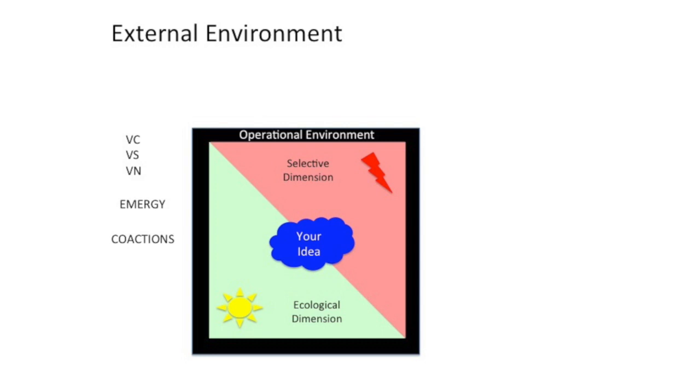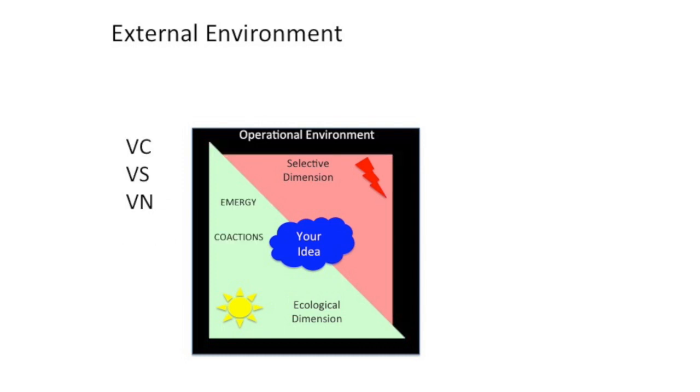Whatever the case is, what we're looking for you to do is to imagine how emergy, sources of energy, and coactions can become a bigger part of your ecological dimension. And in doing so, increase the relative contribution or importance of the ecological dimension to your idea relative to the selective dimension. All right?